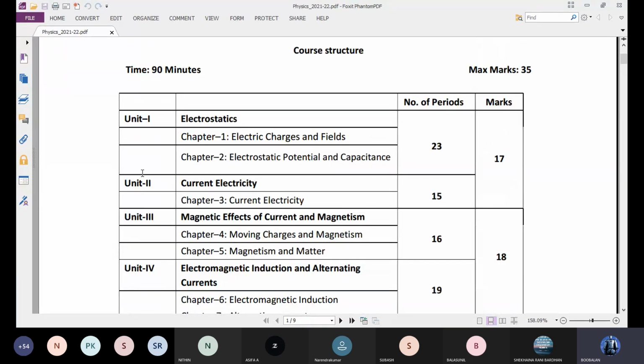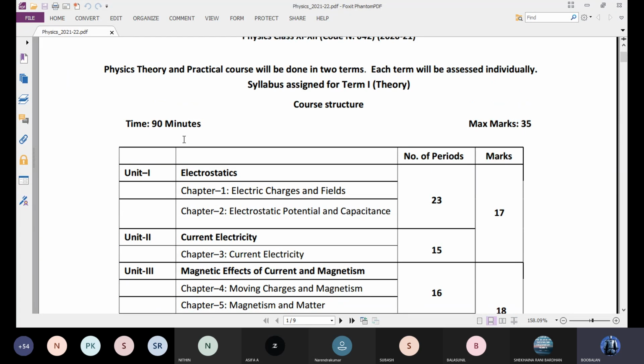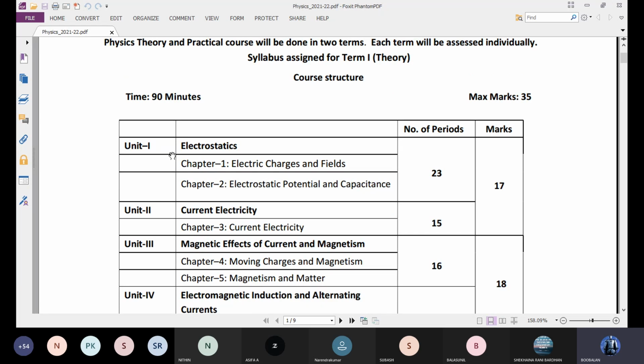In the upcoming week, August first week, the first 50% test based on term 1 is for you. It is a 3 hour exam, not 35 minutes, 3 hours, 70 marks. Chapters: electric charges and fields, electrostatic potential and capacitance, current electricity, moving charges and magnetism.